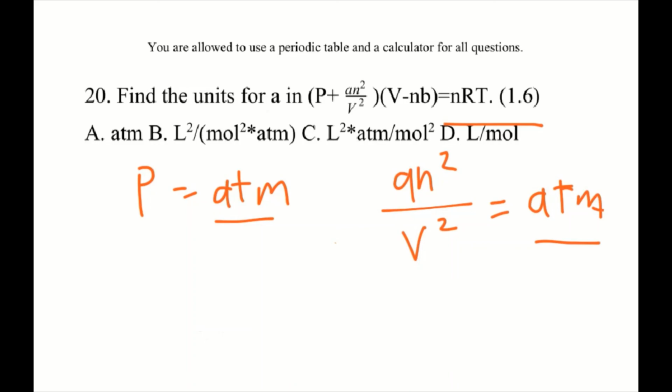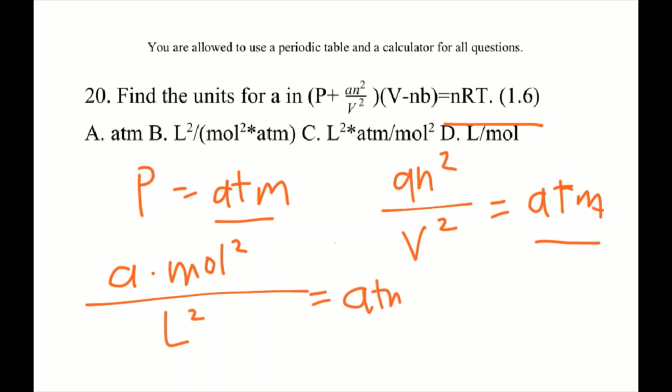So let's try to figure out what the units are for A. So A times n squared. n is always in moles, so moles squared. And volume is in liters, so liters squared is equal to ATMs.